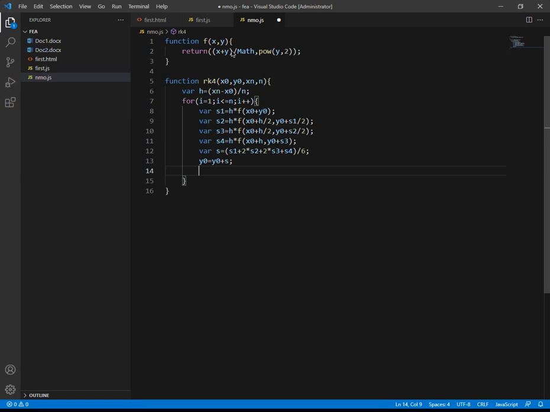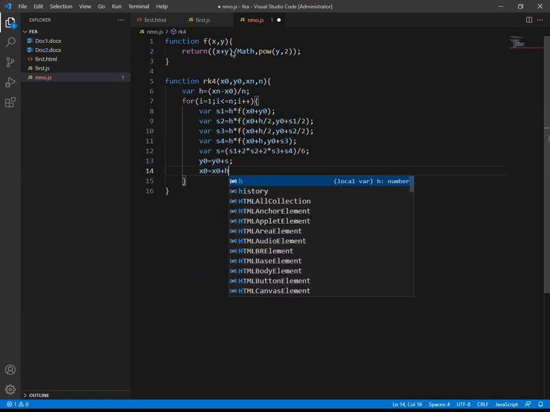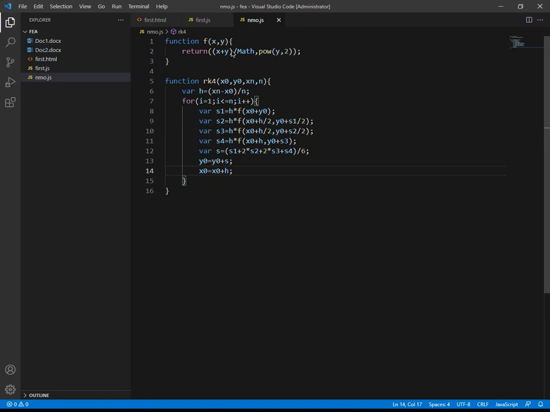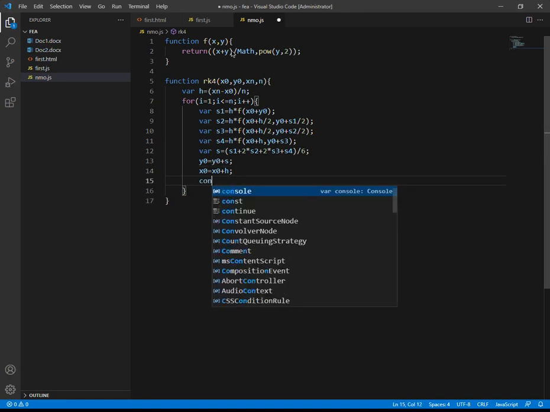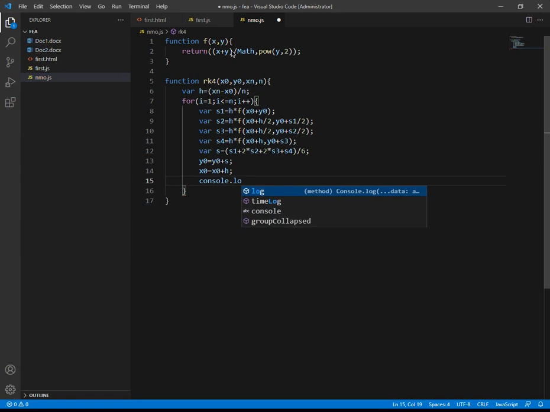Okay, and I could replace x0 with newer value, that is x0 plus h. And finally I can say console.log x0 comma y0. So this is how I can display the values. Okay, so this is it.